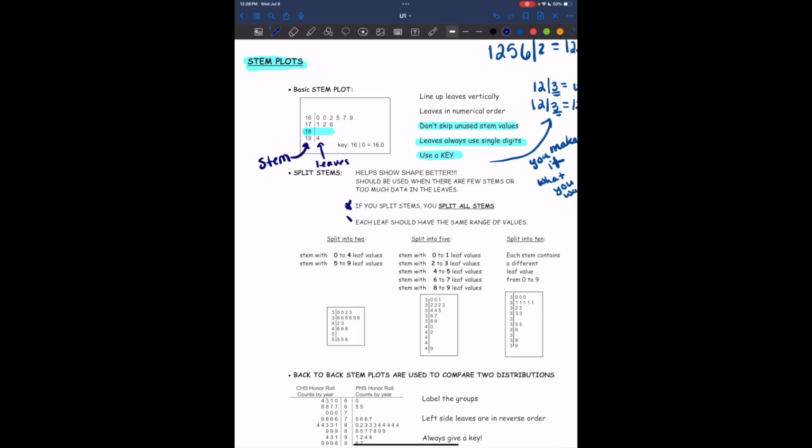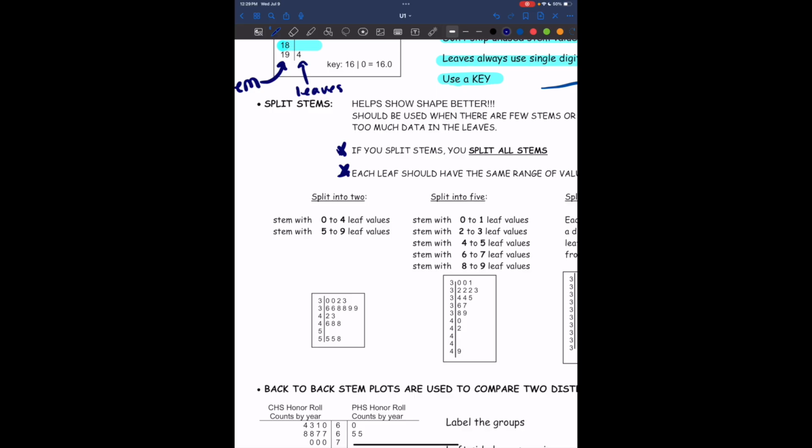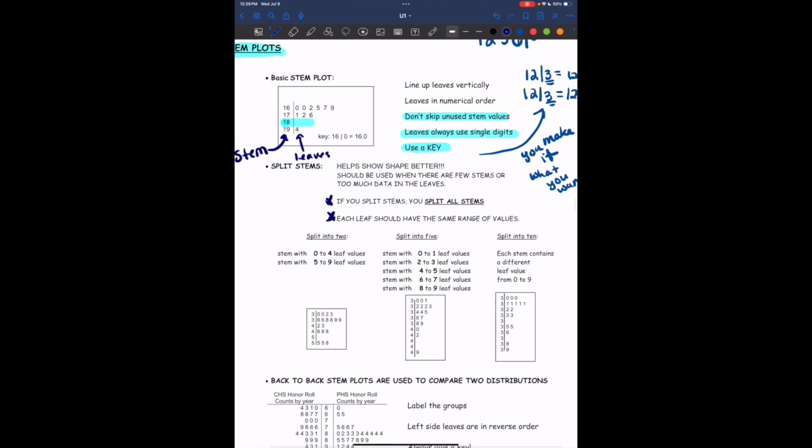If you're splitting your stems the way you want, over here they decided to do 0 to 4 in this one, and then any values 5 to 9 in the other. That's fine, but again, you have to be consistent. And if you don't have something, you're just going to leave that section blank. It's going to help you see the spread-outness. Again, you would want to do this.